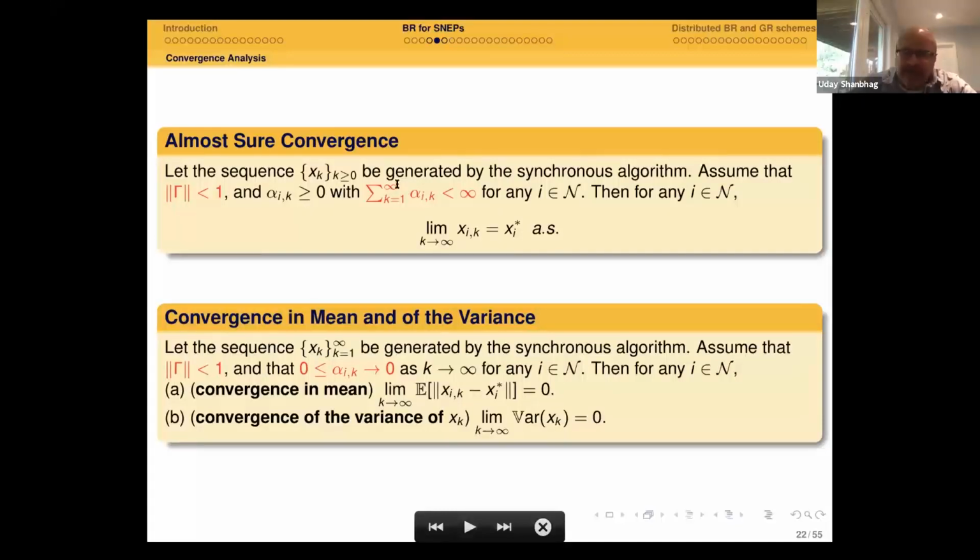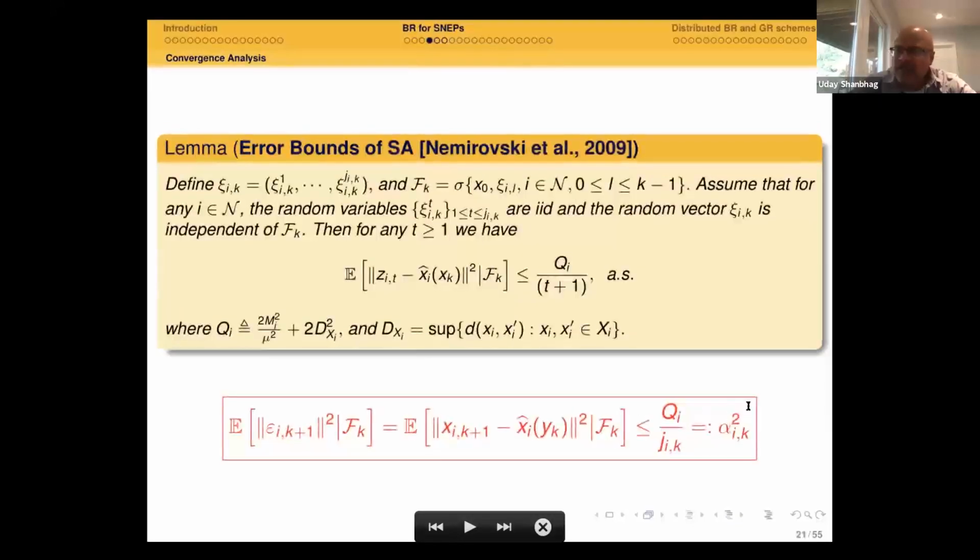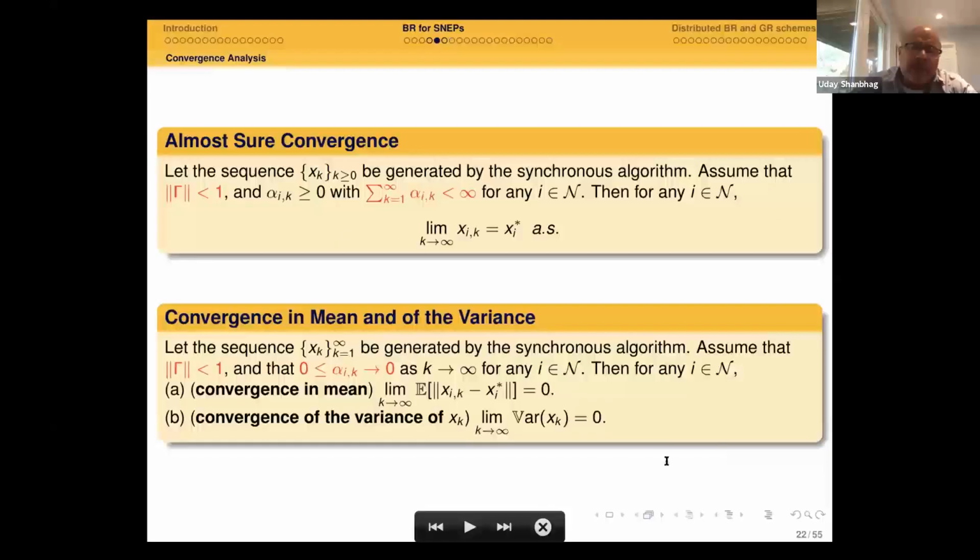And what is alpha ik? Alpha ik is the bound on the second moment of the inexactness sequence, which is a random variable. As long as that is summable, the sequence of best response steps converges to the Nash equilibrium almost surely.